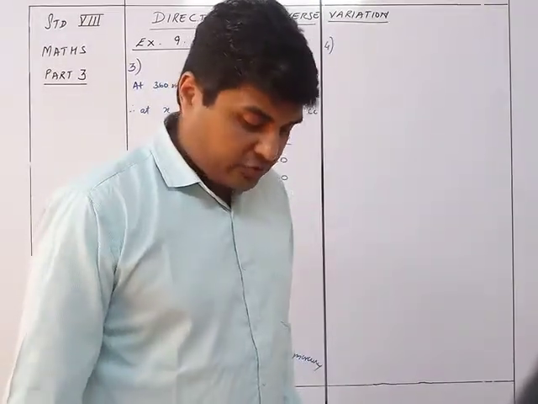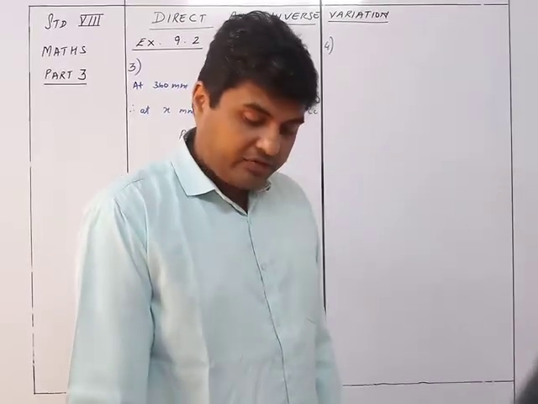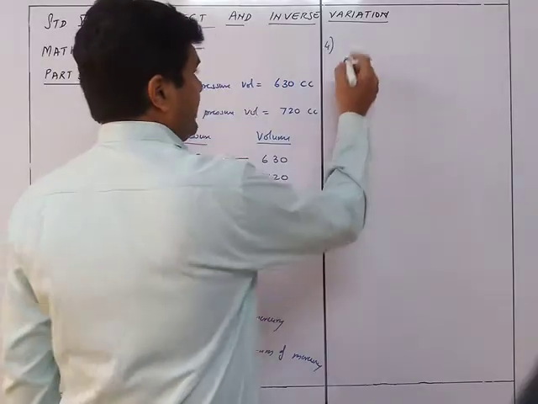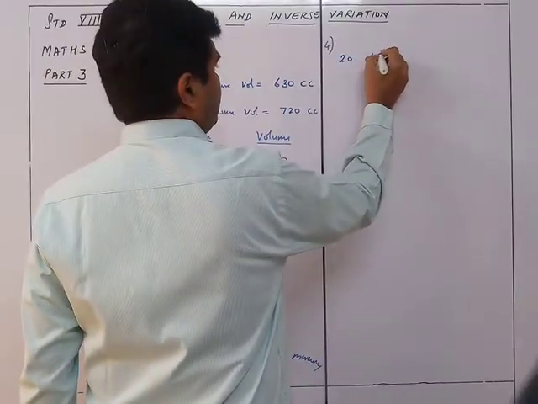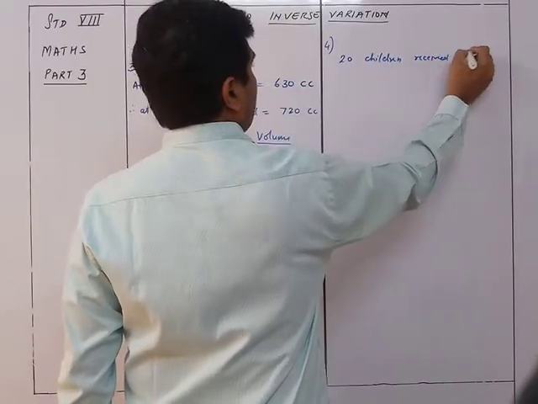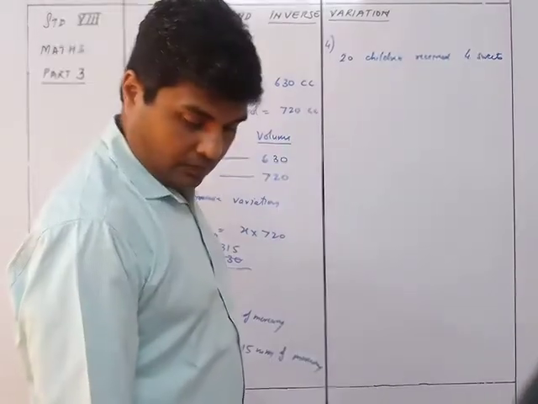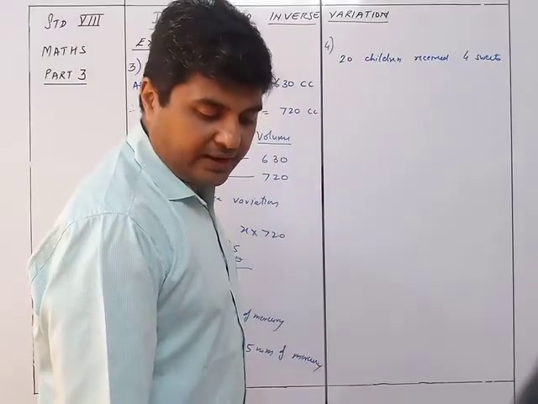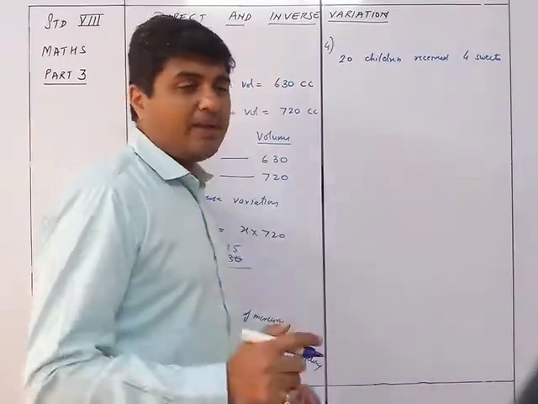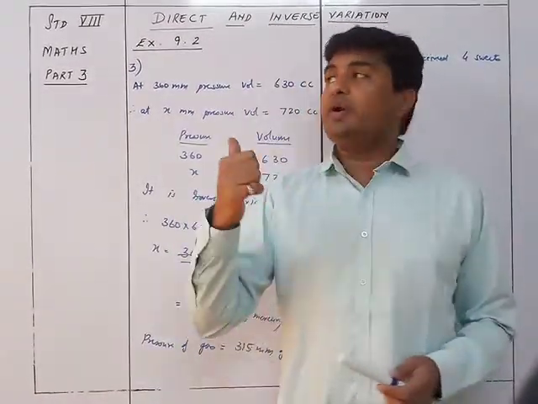A packet of sweets was distributed among 20 children and each of them received 4 sweets. So we have here 20 children received 4 sweets. How many sweets will each get if the number of children is reduced by 4? Now it's very important to understand here: reduced by 4 means you don't take 4 here.